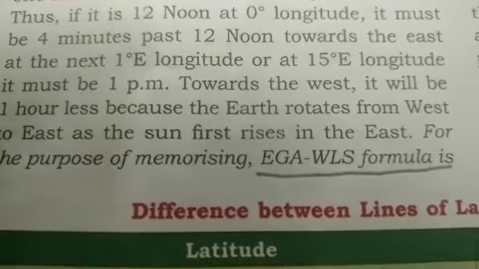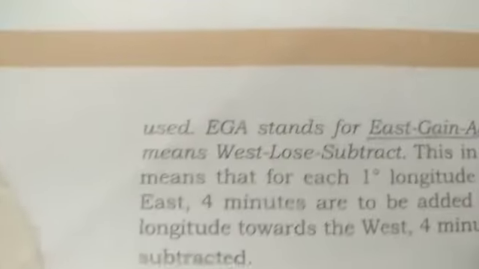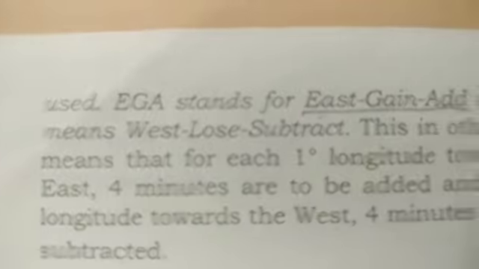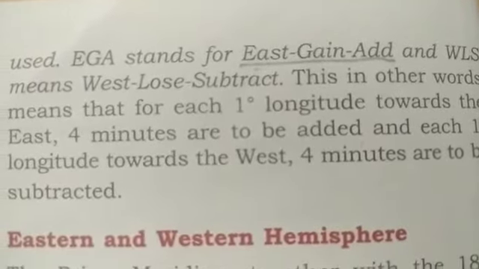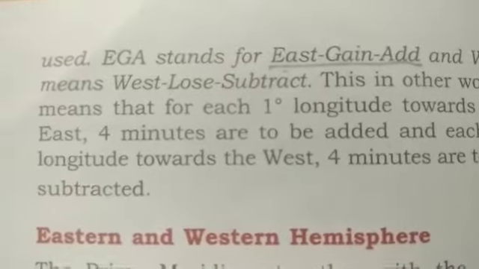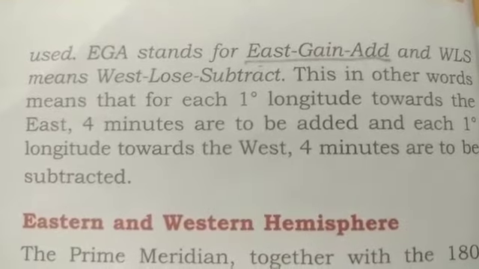So other things we will be studying. You can see here that EGA stands for East Gain Add, and WLS means West Lose Subtract. So this is given. Please try to keep this in your memory.